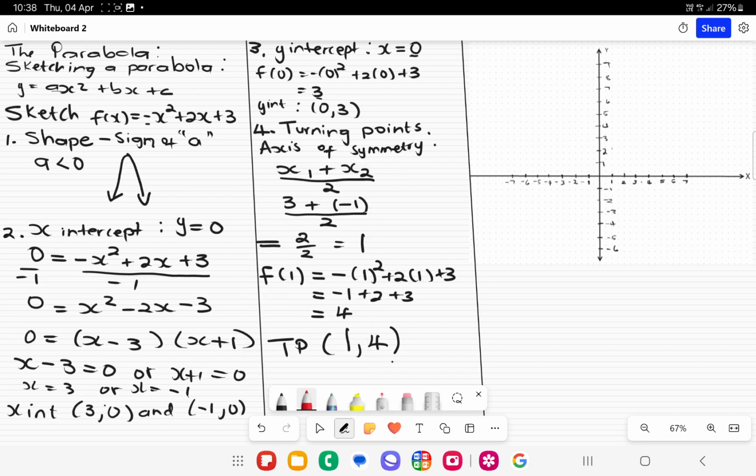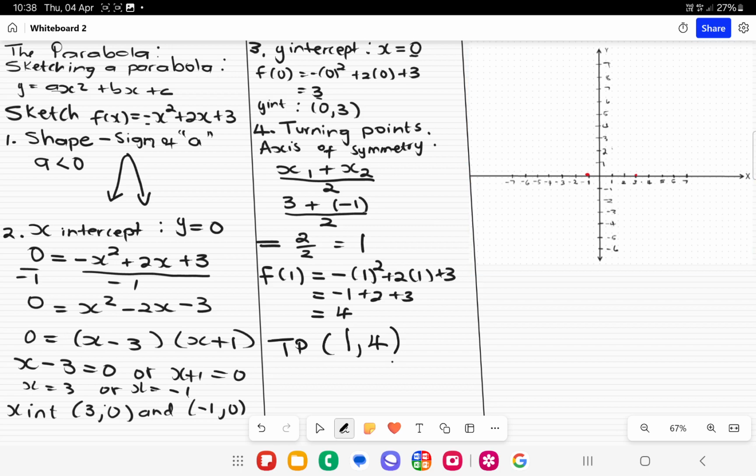All right. So my x-intercept is (3, 0). Excuse me, yes, (3, 0). Then (-1, 0). Yes, (-1, 0).